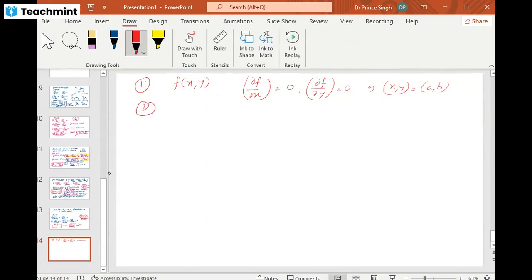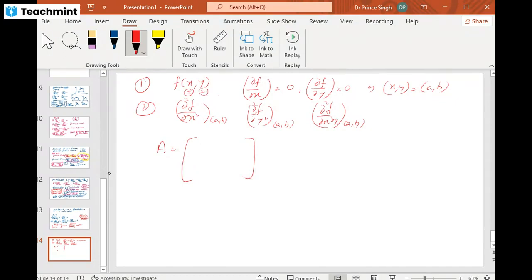The second condition: we calculate the second order derivative with respect to x at the point AB, with respect to y at the point AB, and with respect to xy at the point AB. And then we construct one matrix A with elements, where I'm assuming x as our first variable and y as our second variable.